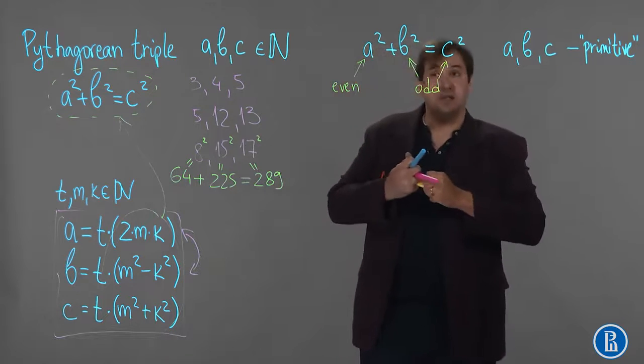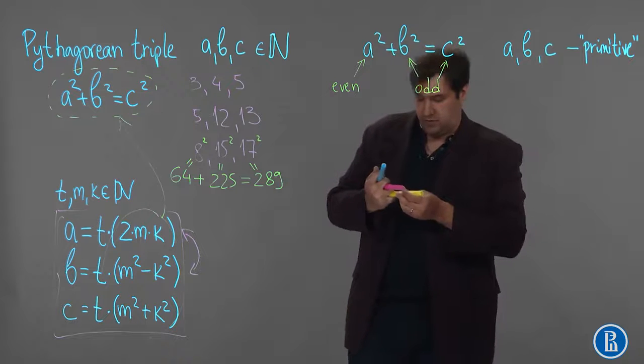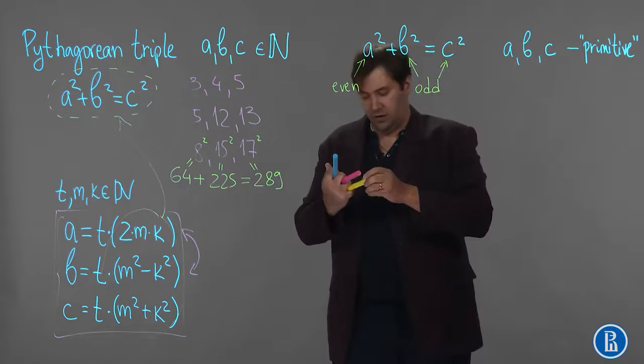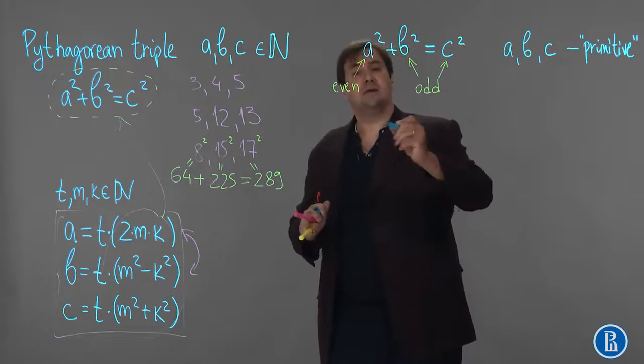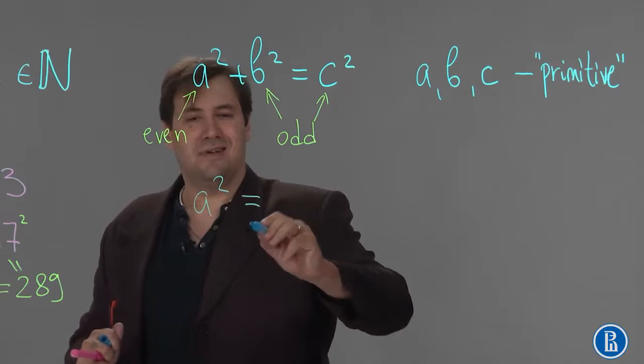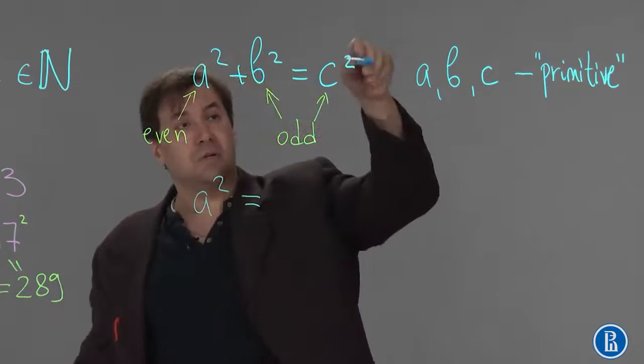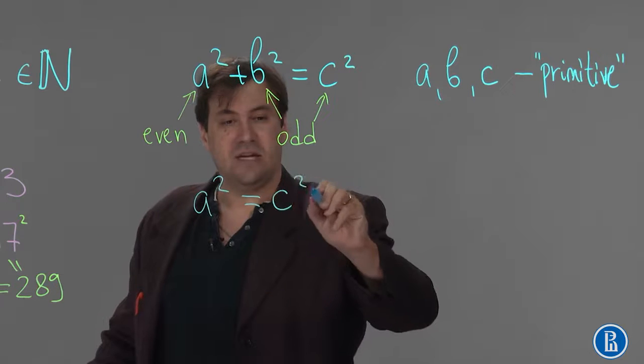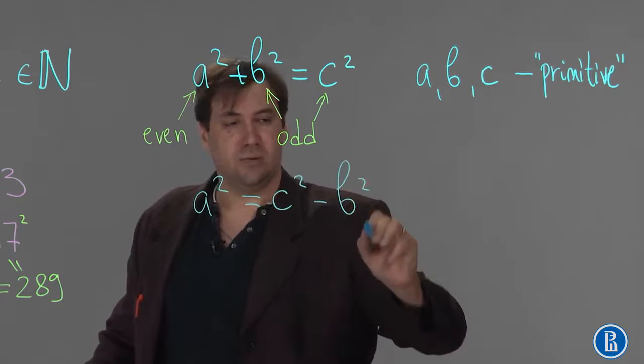And transform this equation by leaving a squared on the left-hand side and transferring b squared to the right-hand side, so we get c squared minus b squared.